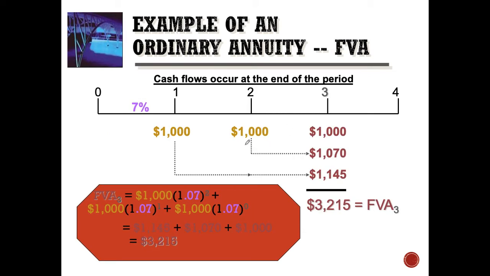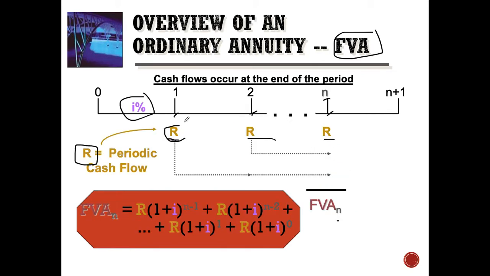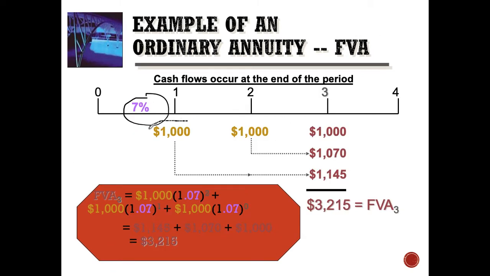Okay, for example here, cash flow occurs at the end of the period. The interest rate here is 7%, and the periodic cash flow is $1,000 every year. This one, year 1, year 2, and year 3.